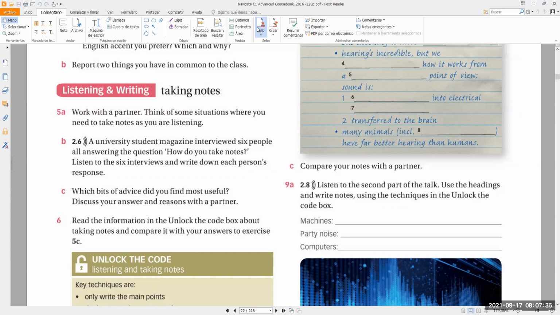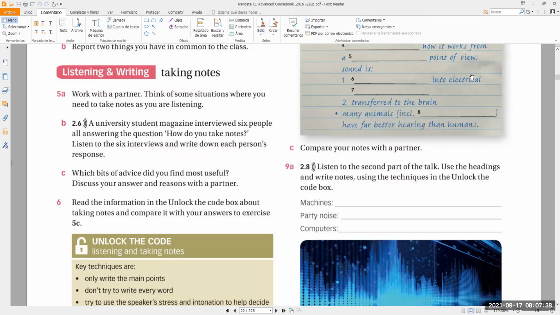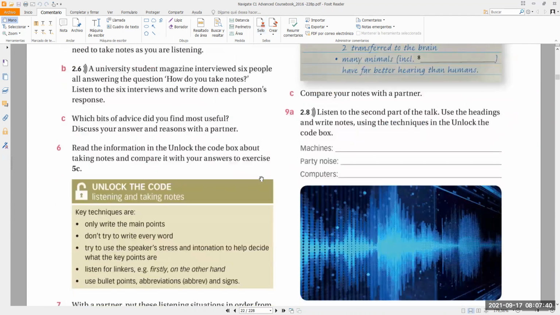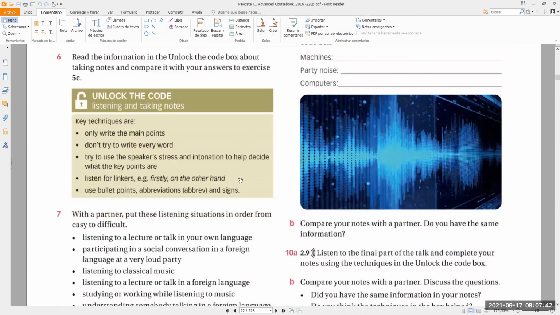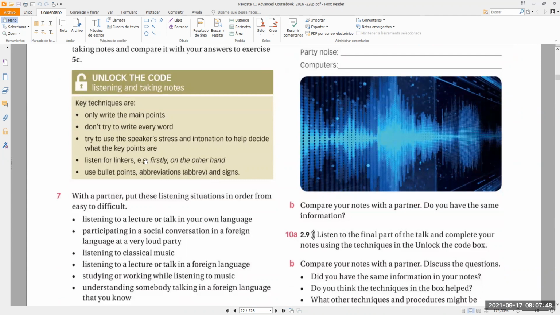Okay, guys. So yes, those are some of the techniques that we could use. But as we can see here, in this Unlock the Code, we've got the actual techniques they suggest. They say key techniques are to only write the main points. So clearly writing every single word makes no sense, and that's why they say don't try to write every word. Try to use the speaker's stress and intonation to help decide what the key points are.